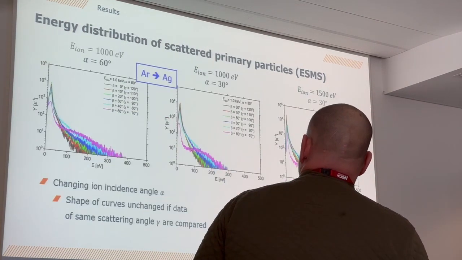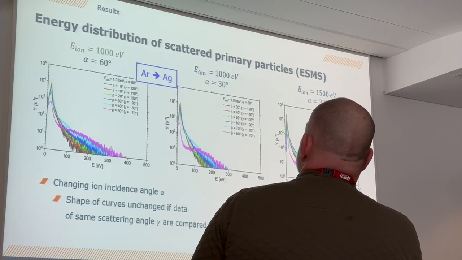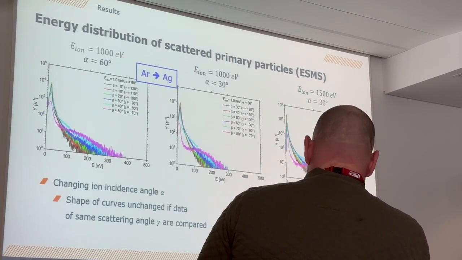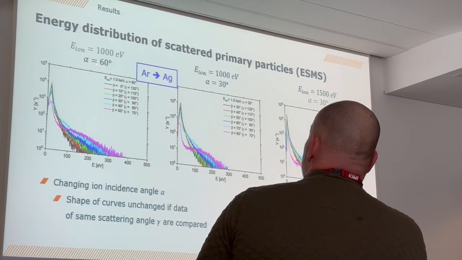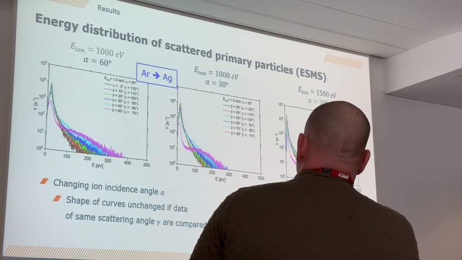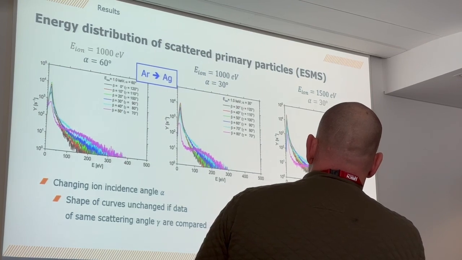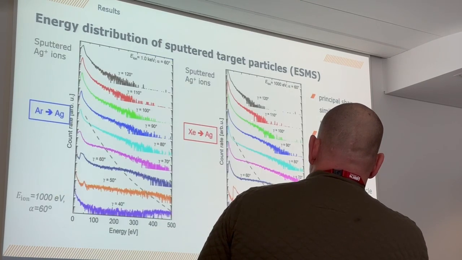Or on this side, we change the ion incidence angle, so the ion energy is the same, but the incidence angle is increased. Now we have the emission angle. Please note, the colors do not correspond to the same emission angle, but to the same scattering angle.